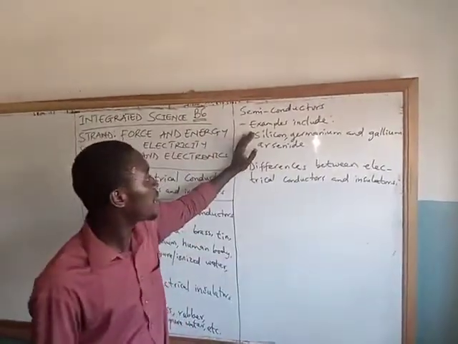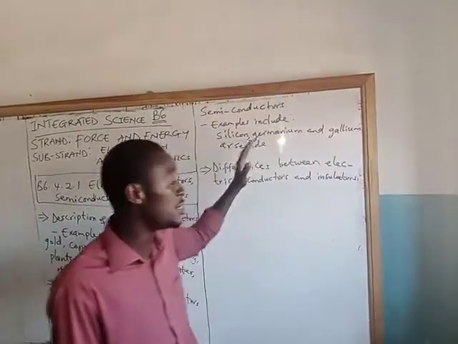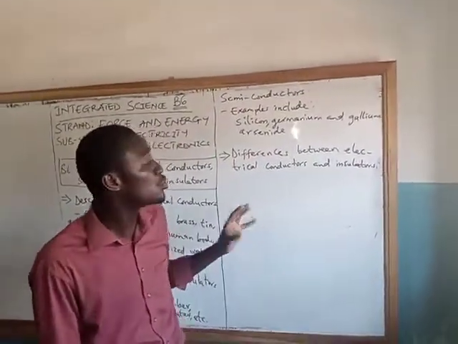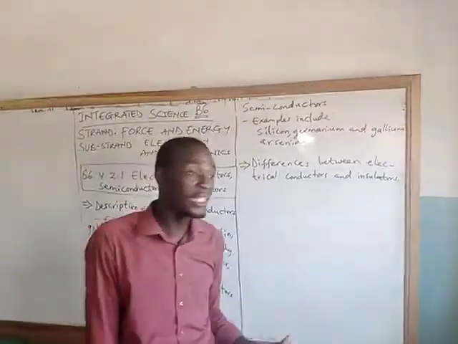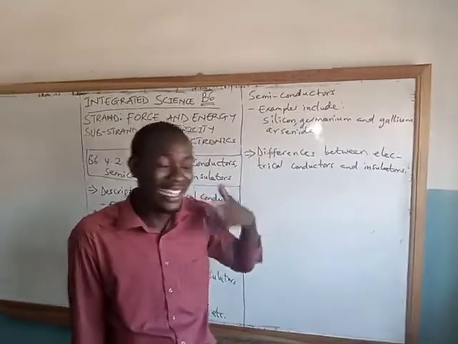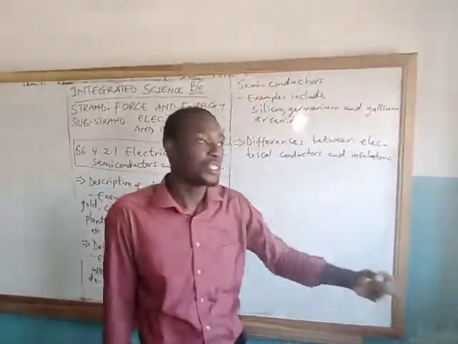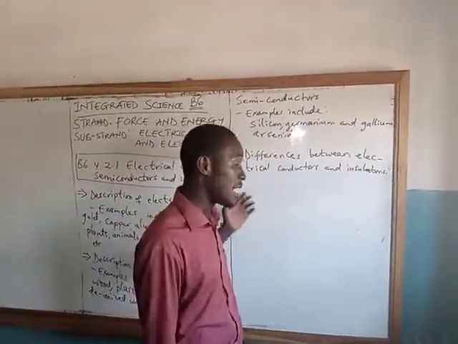Now, we have examples of these semiconductors. We have silicon, we have germanium, we have gallium arsenide. These are special materials that are able to conduct electricity to some extent. And they conduct readily only if we connect them to an extra electric source, or if we increase their temperature, then they can conduct as if they were conductors.